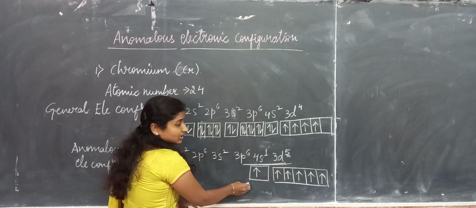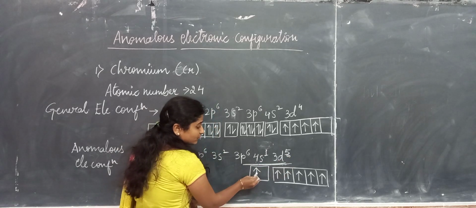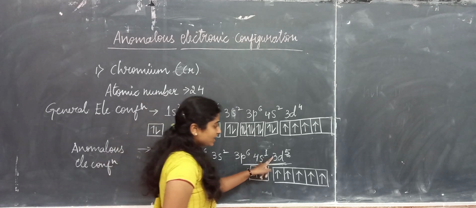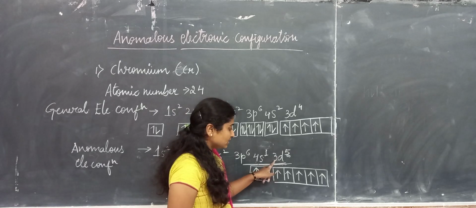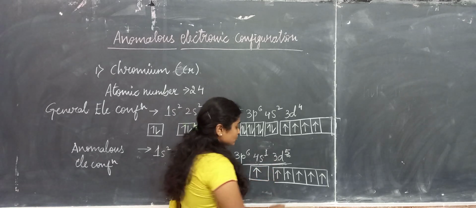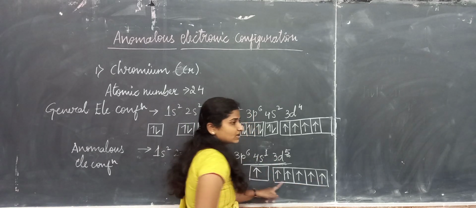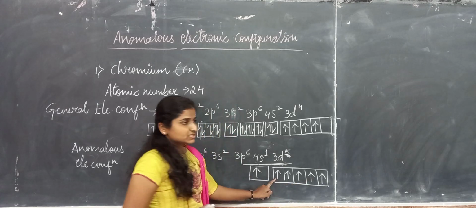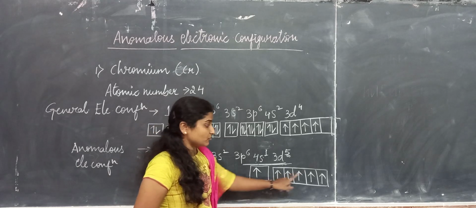So the orbital diagram will be: the 4s atomic orbital has only 1 electron with the positive spin, whereas in the 3d atomic orbital we have 5 electrons. So all the orbitals will be getting single electrons. No pairing should be done here. Each electron enters into each atomic orbital.